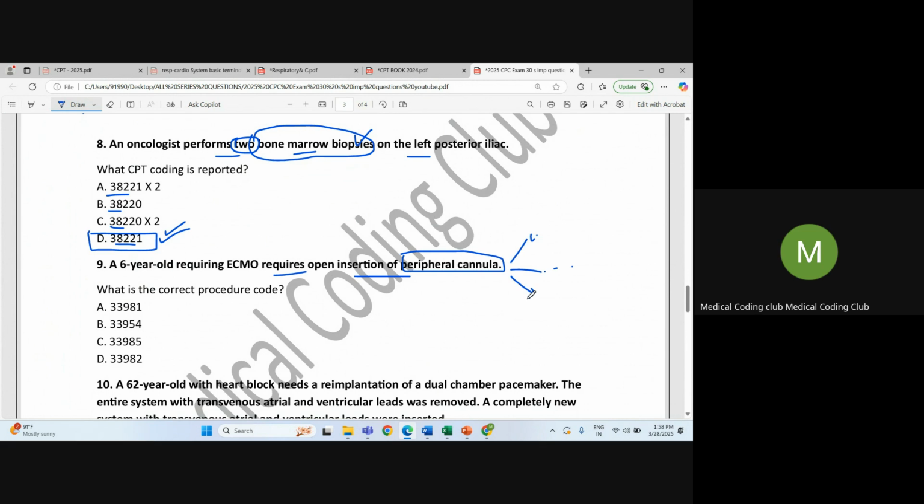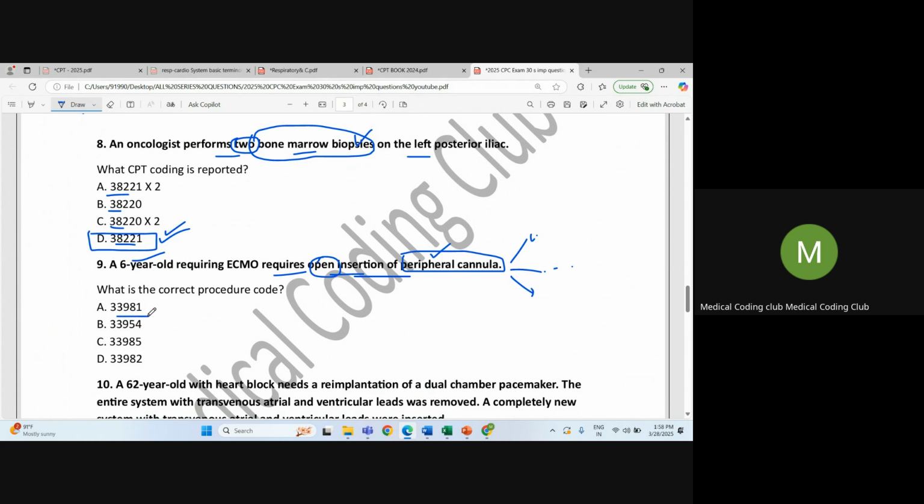Decannulation is nothing but removal. So they are asking about insertion. In ECMO procedure, the approach is important, and also patient age is important, and what exactly they are doing. These 3 will help you choose the correct answer.